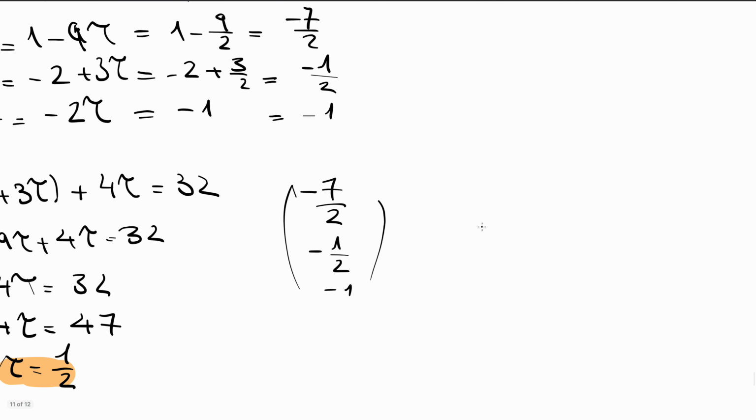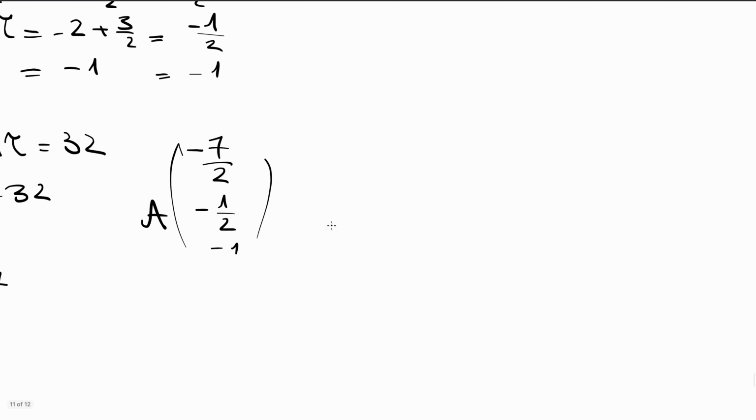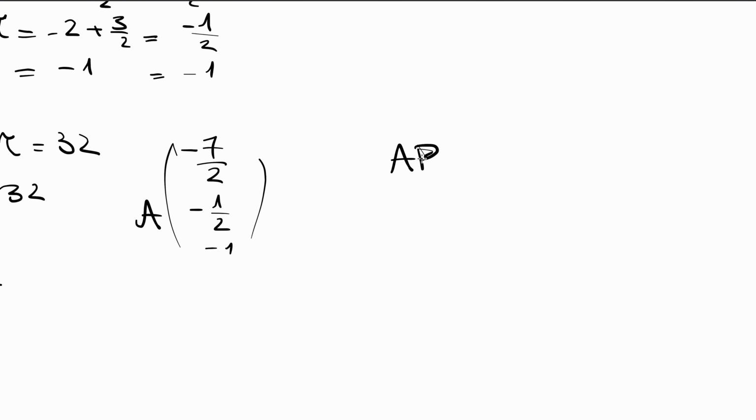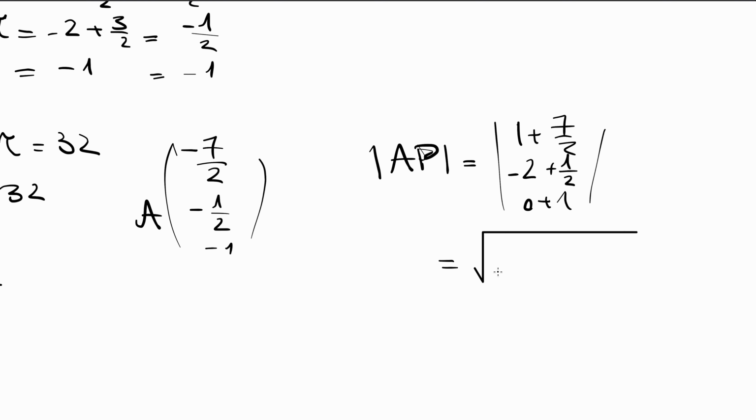Now you can find the distance of this point, I'll call this A, from P. So the magnitude of AP will be (1 minus negative 7 over 2, negative 2 plus 1 over 2, 0 plus 1), which is the square root of (9 over 2) squared plus (3 over 2) squared plus 1.